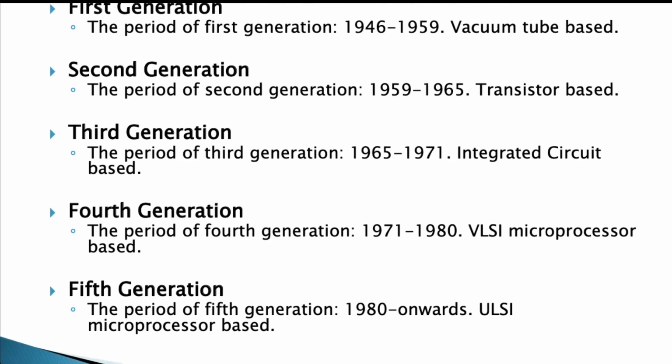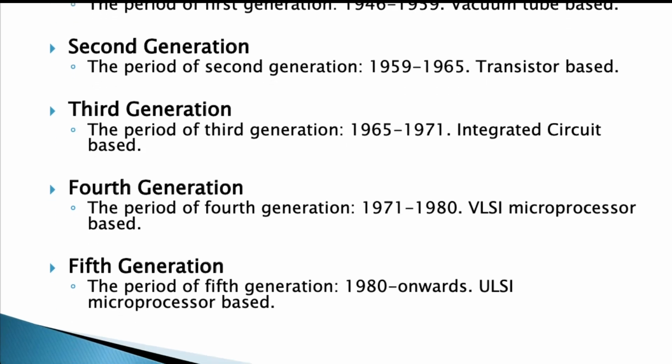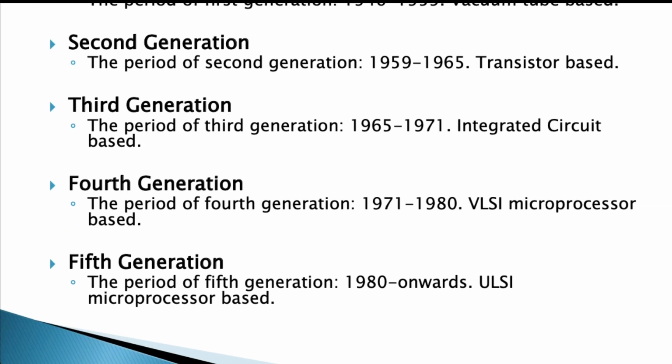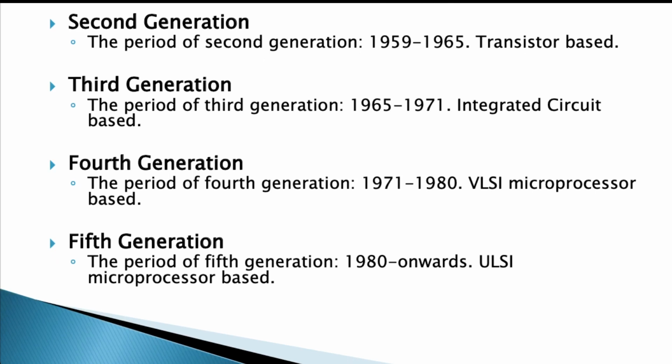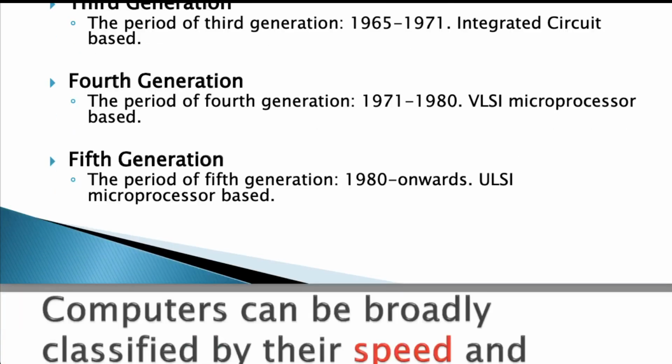The fourth generation starts with 1971 and goes on till 1980, where you have very large scale integrated microprocessor chips called VLSI chips used. And the fifth generation starts right away from 1980, and it basically uses ultra large scale integrated microprocessor chips.